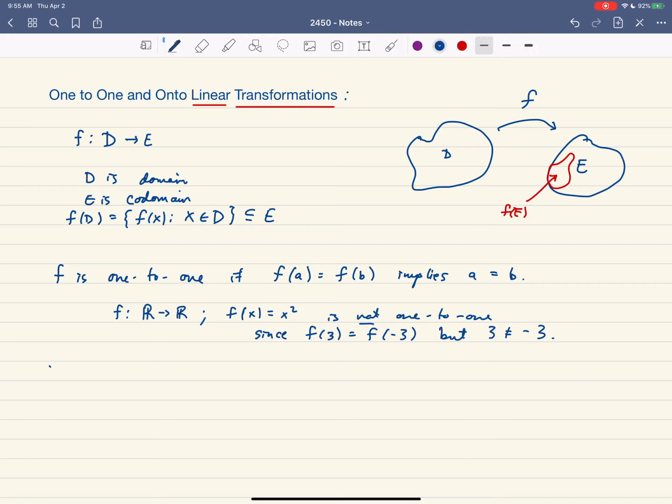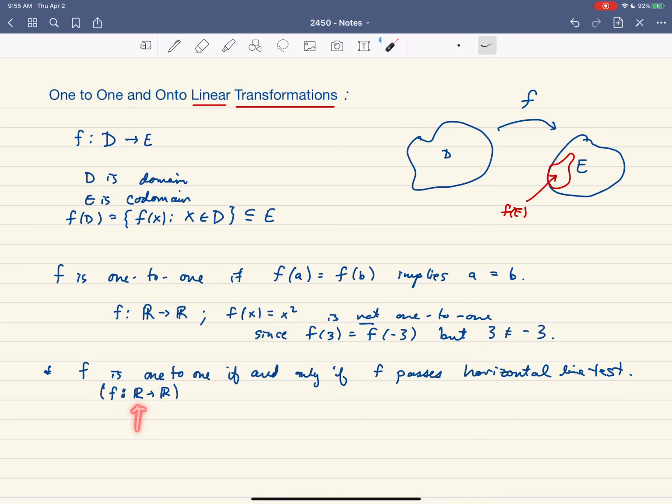It turns out that f is one-to-one if and only if f passes the horizontal line test. So the vertical line test tells you it's a function. A horizontal line test tells you that this function is one-to-one. That's at least true if f maps R to R. It's a little bit harder to talk about the horizontal line test when your inputs are more complicated sets.